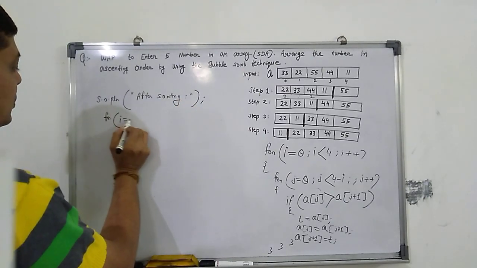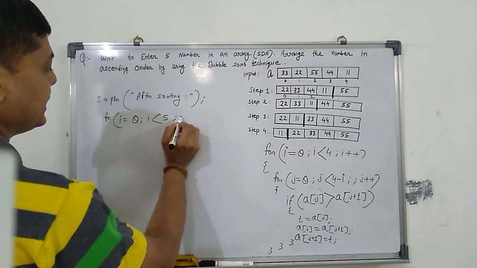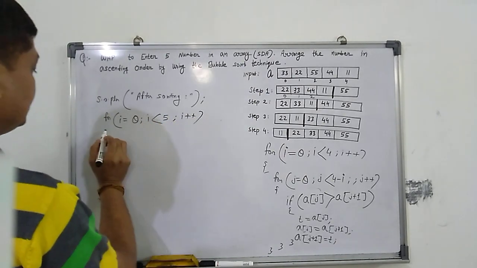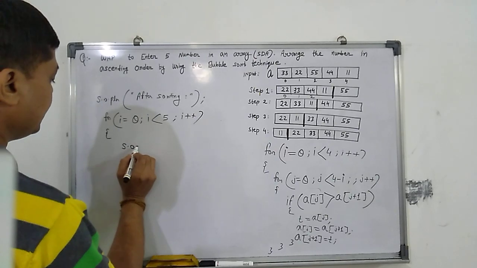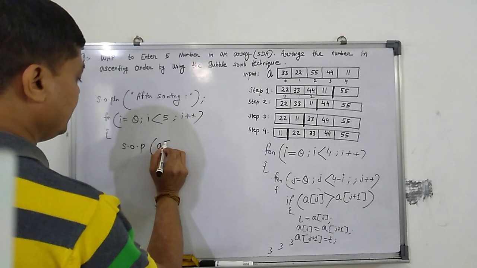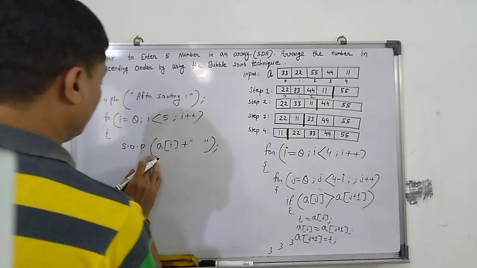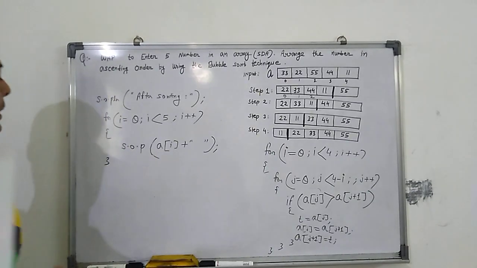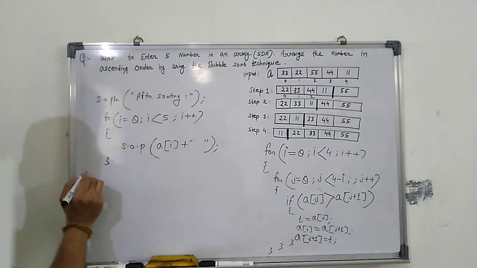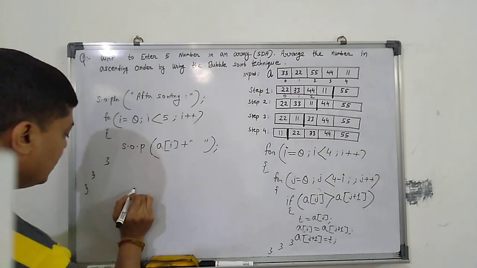For i is equal to 0, i less than full range, आपको इसको ऑपरेट करना है. And now you print System.out.print array of i plus space. After the for loop finishes, the main method and class finish with two curly brackets. So what will be the output?